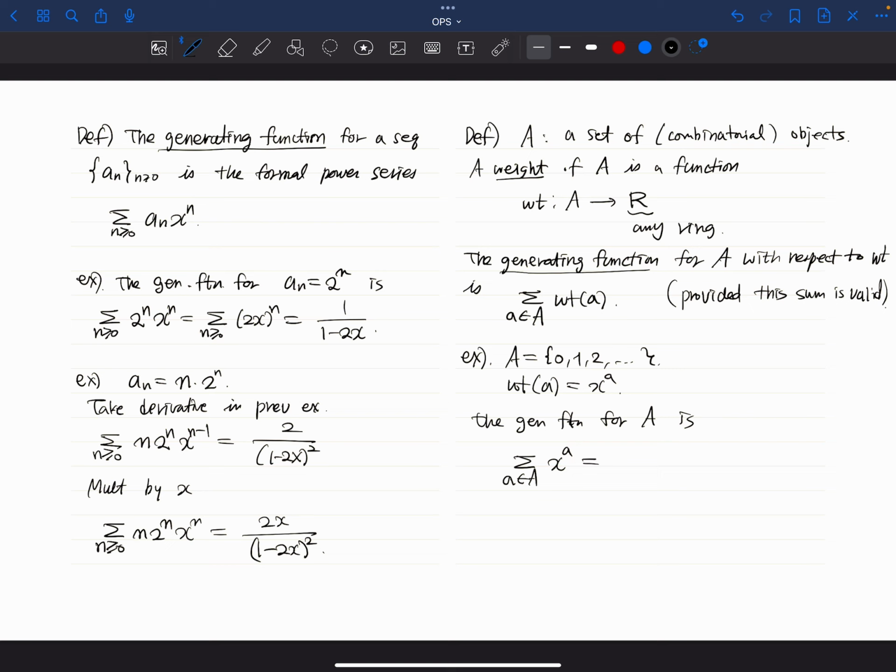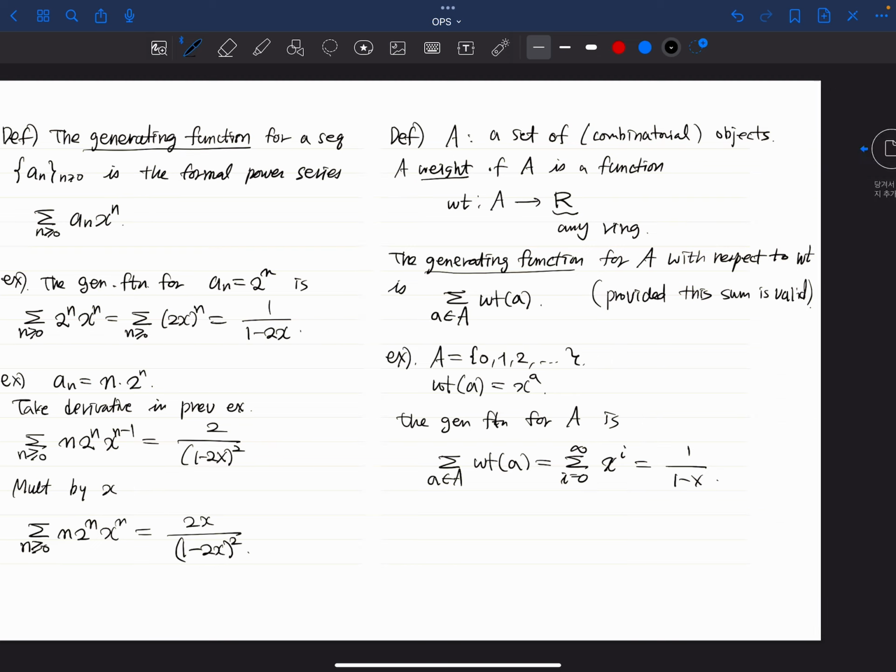Let me write this step by step. It's the sum over i from 0 to infinity of x to the i, right? If i is in the set A, then the weight is x to the i. But this is the geometric series, so it equals 1 over 1 minus x. The generating function can be written in this way.